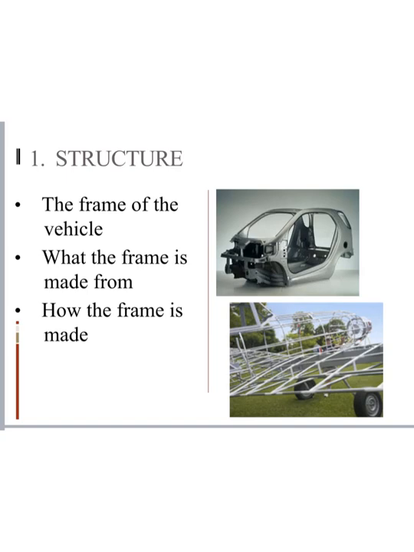Subsystem number 1, structure. It's basically the frame of the vehicle. It's what everything else is added to. You can see up top is the frame of a smaller car. Down below, that's really a play set that's made to look like a plane, but you kind of understand what we're talking about. It would be the framework for a frame.